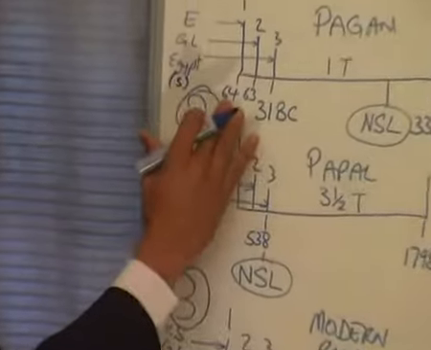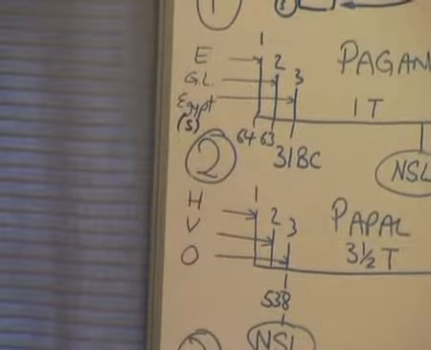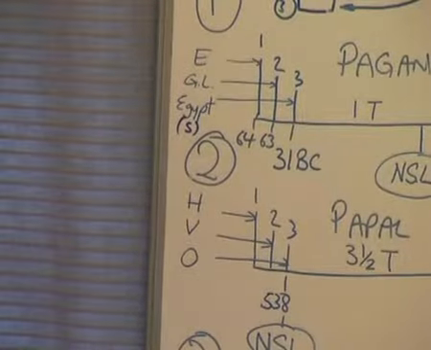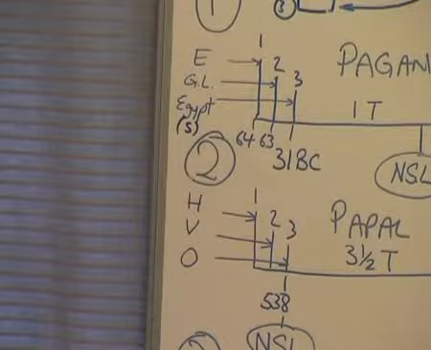And both 64 and 63, the east, Syria, and the glorious land, Israel, were conquered in the same campaign by General Pompey. Most people have heard of Pompeii, the city of Pompeii that got destroyed by a volcano. It was named after a famous Roman general called General Pompey.